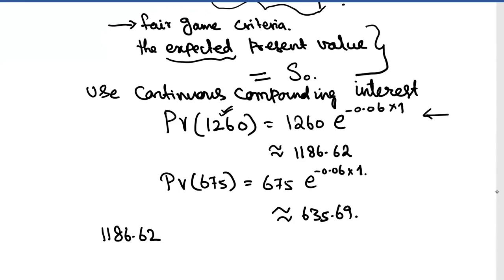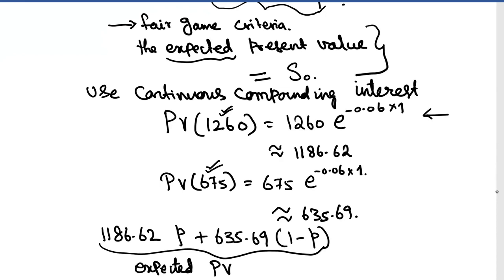So that probability is P. Okay, if it is the kth period, then we generally denote it by pk here, but for the sake of simplicity of the notation, we drop that suffix k, and write it plus 635.69, and that happens, that is the down price happens with probability 1 minus P. Okay, so this is the expected present value, and that should be equal to S naught. That is what the fair price criteria says.